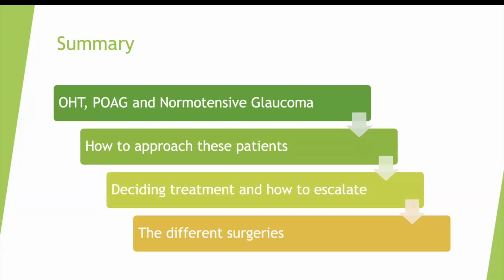And then we've also spoken, which I think is the bit that is the hardest to understand earlier on, about how to decide what to use to treat your patients and how to escalate them, and then also the different surgeries that exist. So it was a bit of an overview, but I think it's a good skeleton to then approach basically any glaucoma patient, because your arsenal of treatment will be the same.